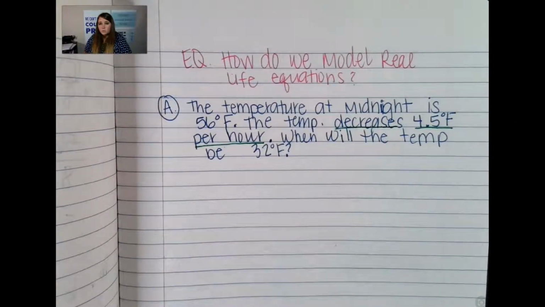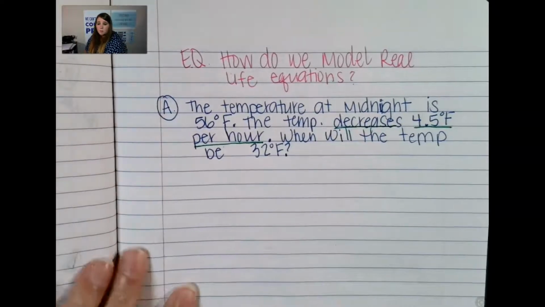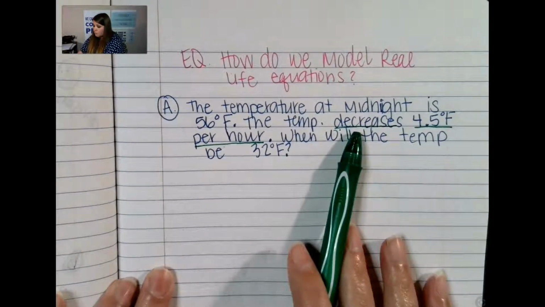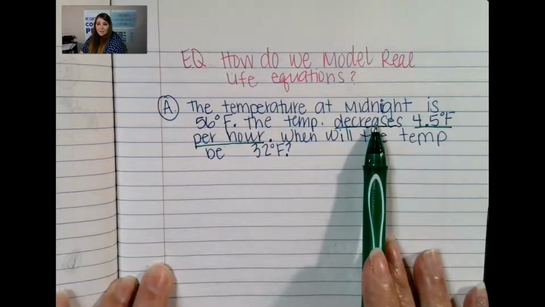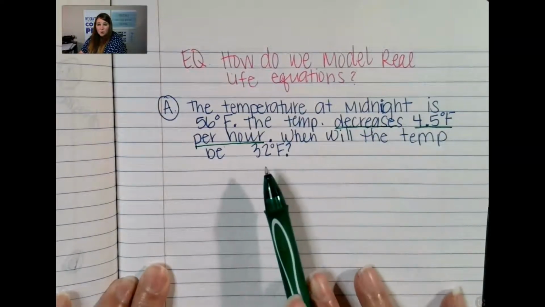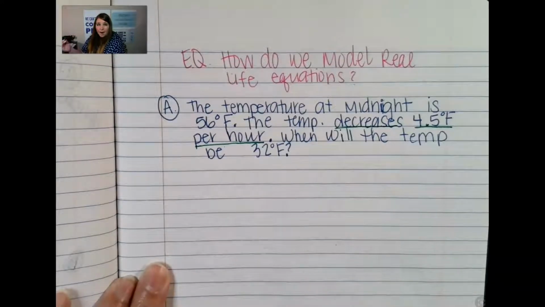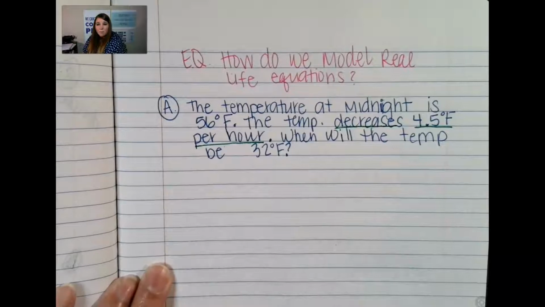So the first thing we want to do is probably think about this part of the problem right here. Decreases sounds like a negative. 4.5 per hour sounds like a multiplication problem, because I want to be able to divide something in order to get the per hour.